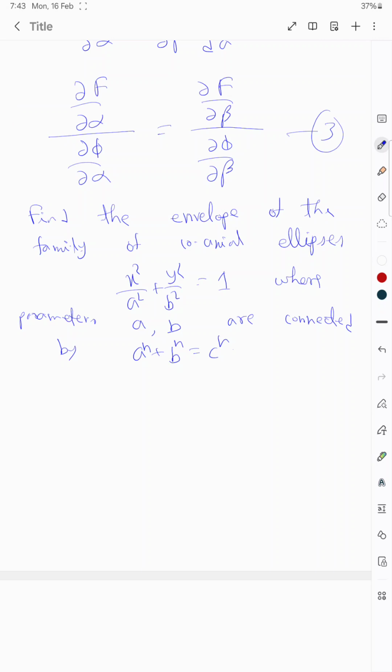So you can think this is your f of x y a b, right? And this is your other relation. Here c is some constant.